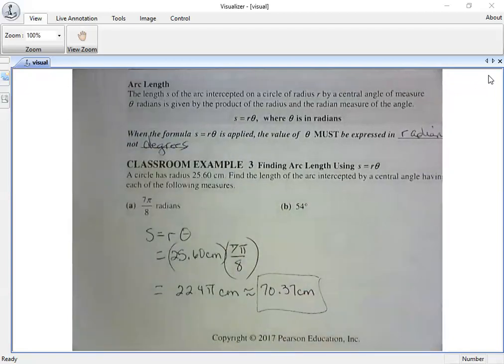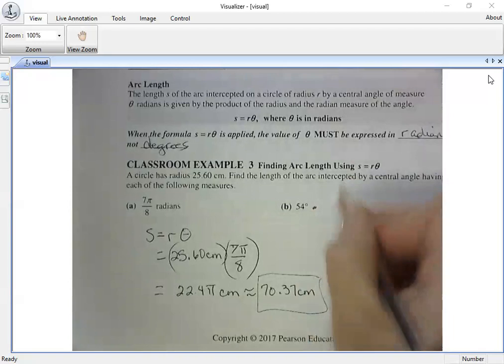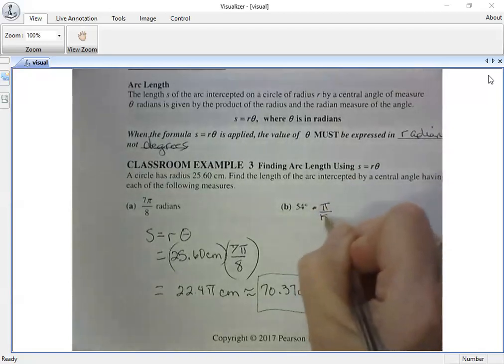What would be the only thing that we'd have to do a little differently to do B? Say it one more time. Exactly. I can't do what I just did with my formula until I convert these degrees to radians. So let's do that first. I would have to multiply by what to get it into radians? Yes.